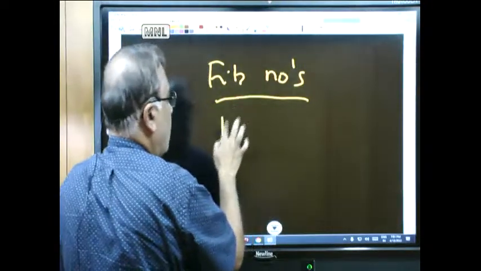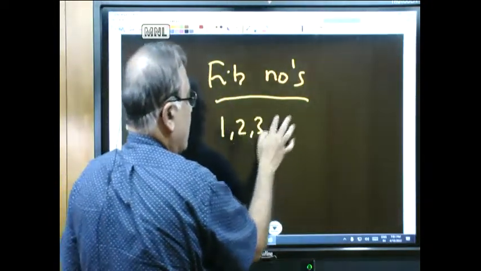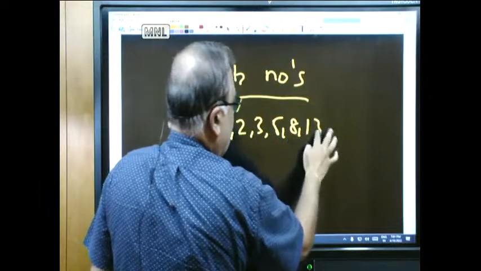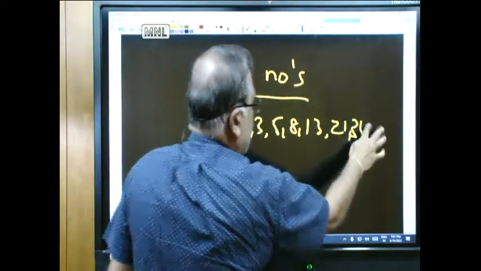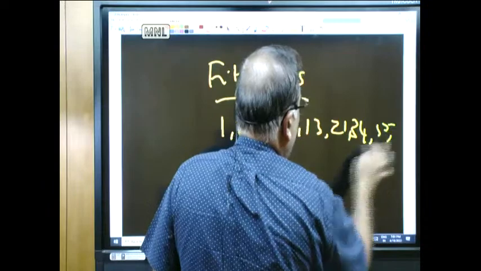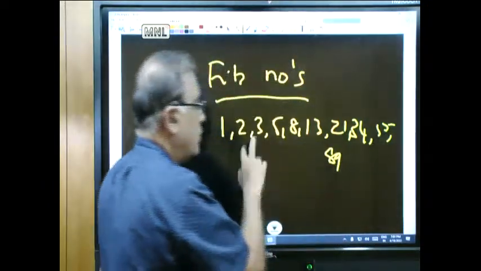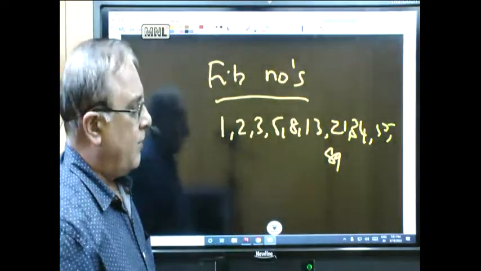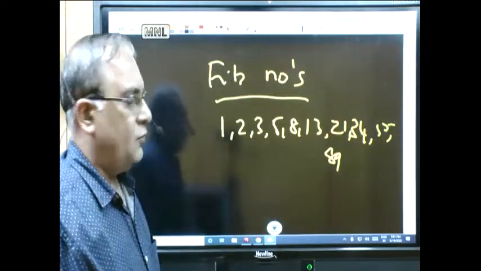Now, you may already be familiar with Fibonacci numbers. Generally it is 1, 2, 3, 5, 8, 13, 21, 34, 55, 89. That is, you add two consecutive numbers and you get the next number. These are all Fibonacci numbers.